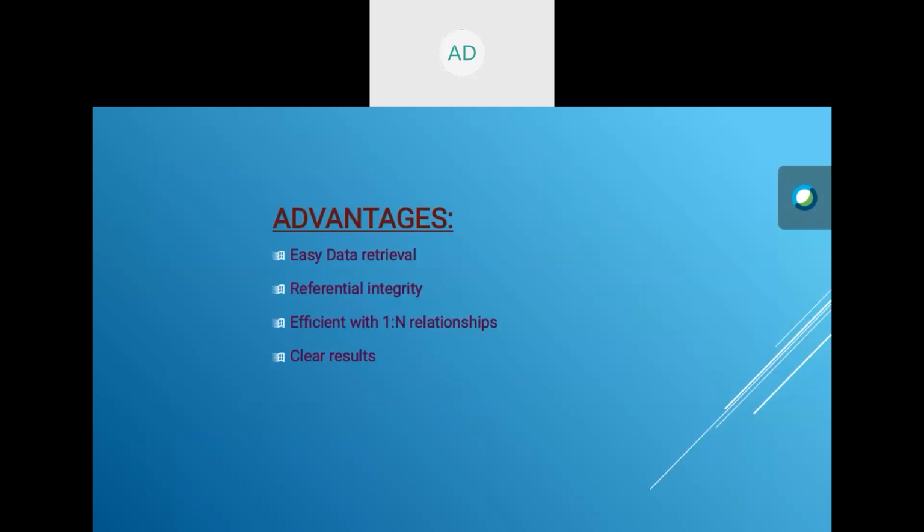Referential integrity is a property of sharing data with valid references, and it keeps data safe from being corrupted. It is efficient in 1:n relationships, or one-to-many relationships. And the results we get by applying this model are clear.